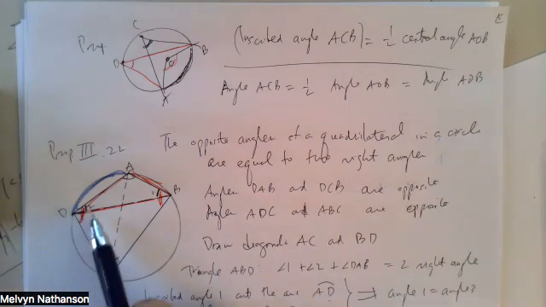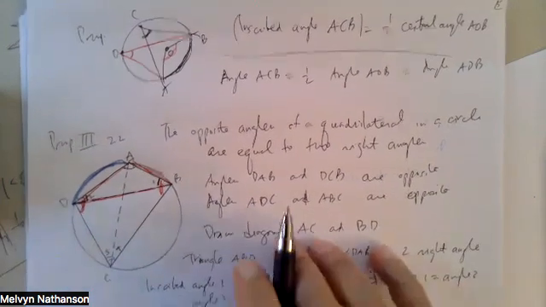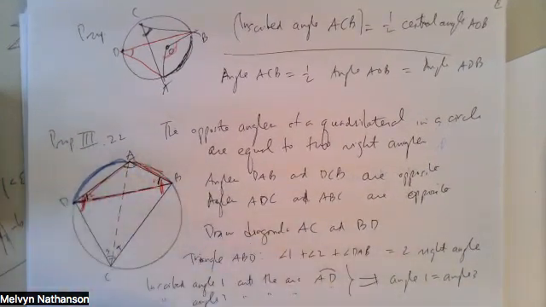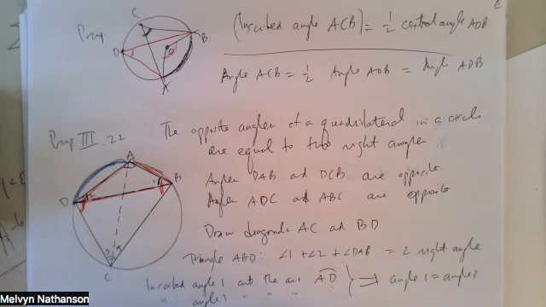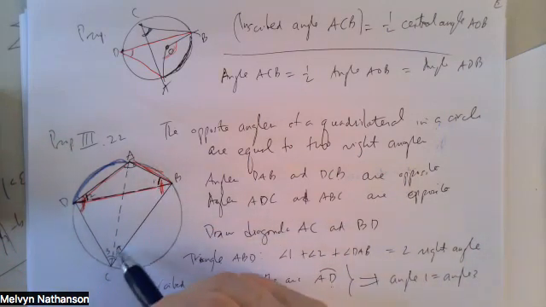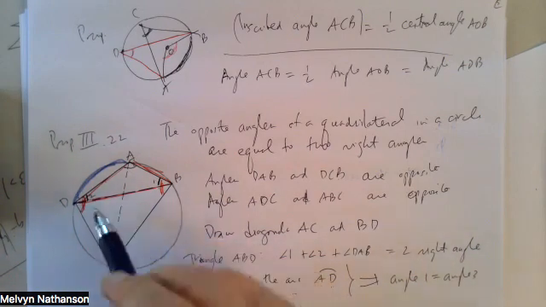And angle 2 cuts out the arc AB. Here's angle 2. Inscribed angle 2 cuts out the arc A to B. And inscribed angle 4 cuts out the same arc.